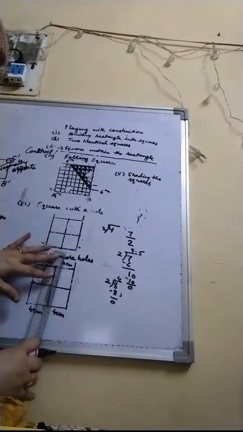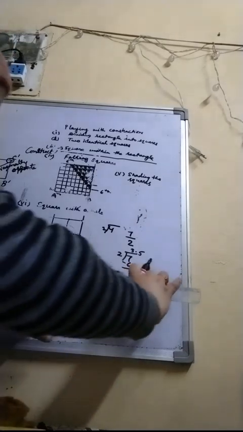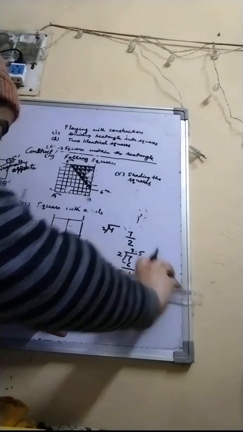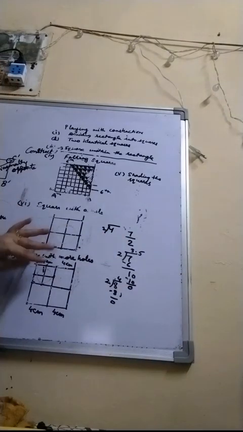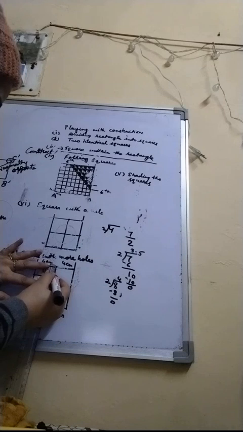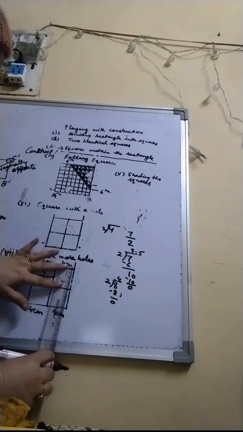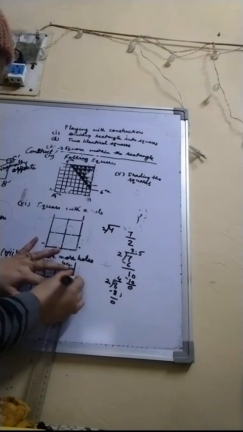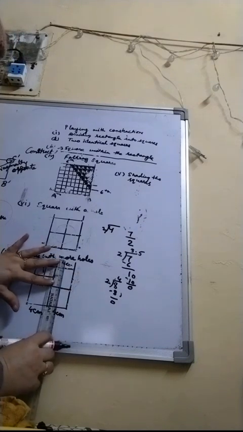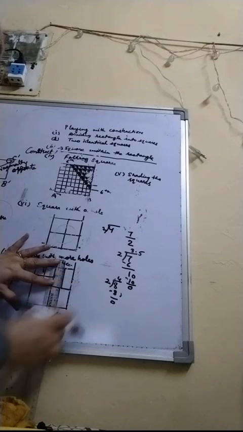Half of the 4 is 2. So here 2 centimeter, 2 centimeter here, already it is marked, and here also 2 centimeter. Now we join the dots.